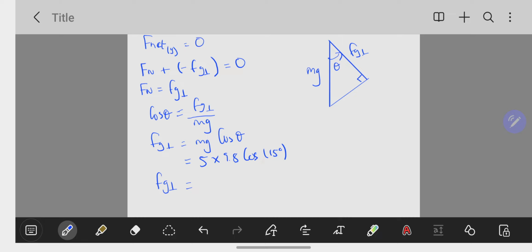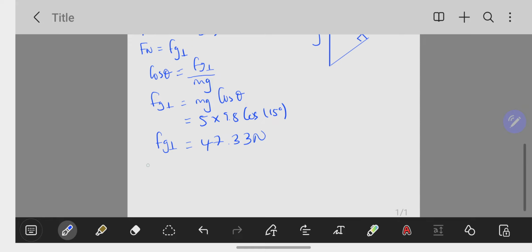Okay, so now this gives us 5 times 9.8 times cos 15. That gives us 47.33 newtons. And now when I calculate frictional force, Fk is equal to the coefficient of kinetic friction times the normal force.